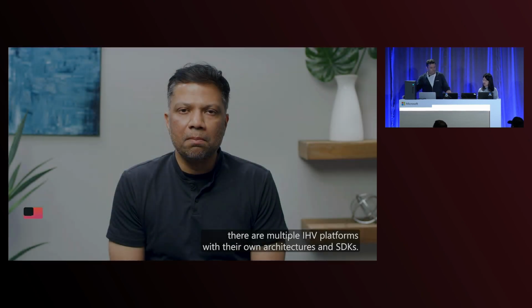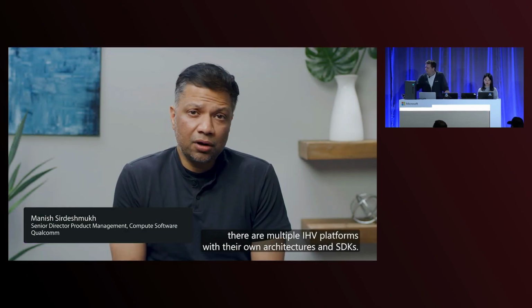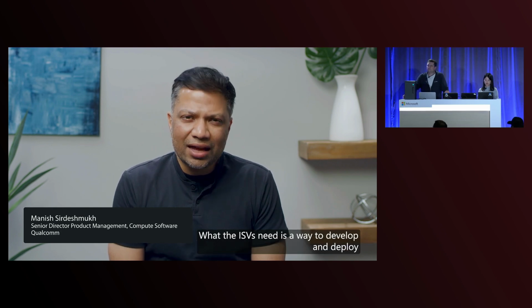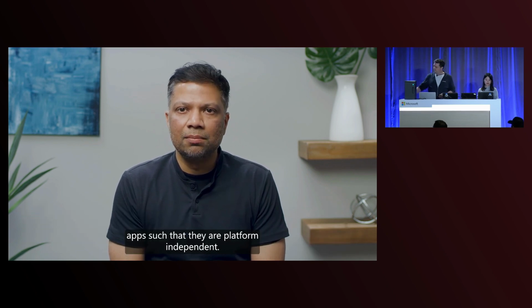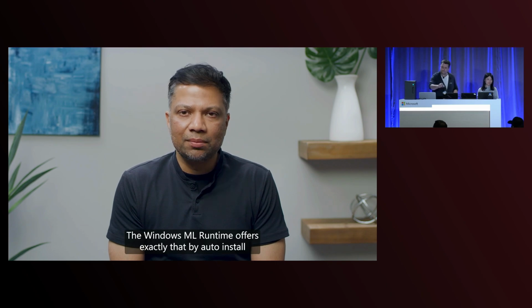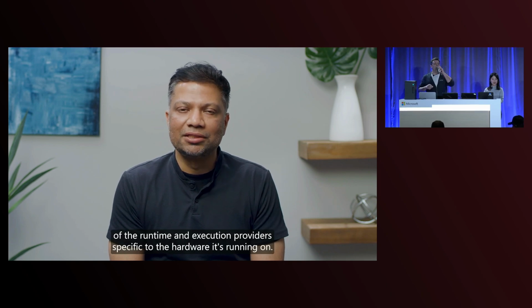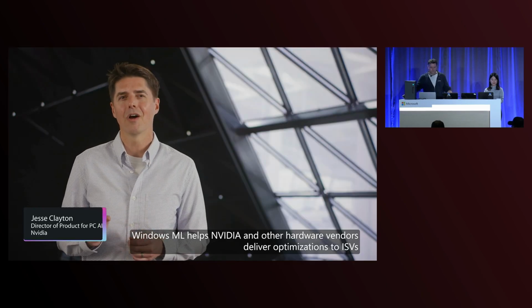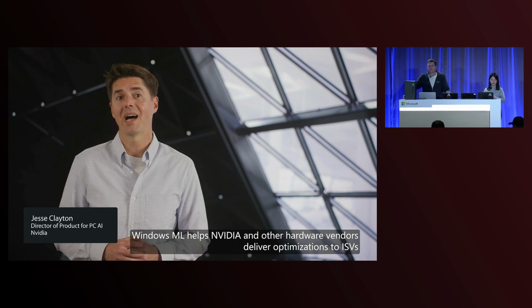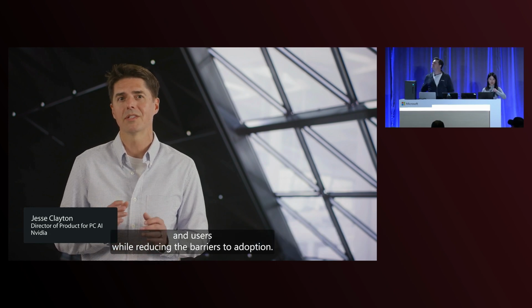Let's take a listen. In the PC ecosystem, as we all know, there are multiple IHV platforms with their own architectures and SDKs. What the ISVs need is a way to develop and deploy apps such that they are platform independent. The Windows ML runtime offers exactly that. By auto-install of the runtime and execution provider specific to the hardware it's running on, ISVs do not need to select EPs at compile time. Windows ML helps NVIDIA and other hardware vendors deliver optimizations to ISVs and users while reducing the barriers to adoption.